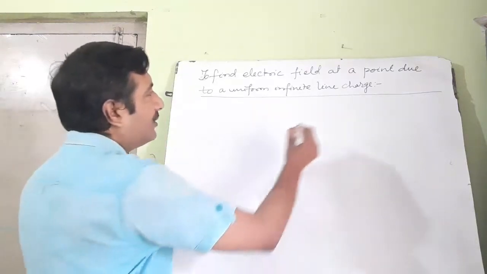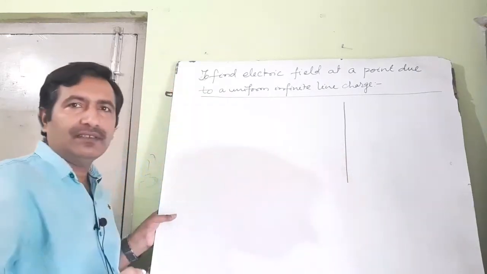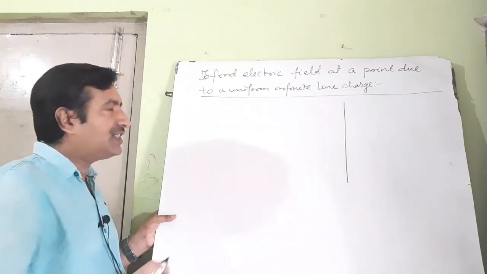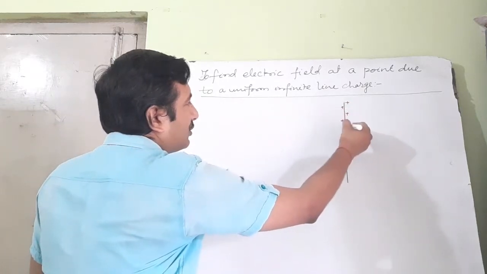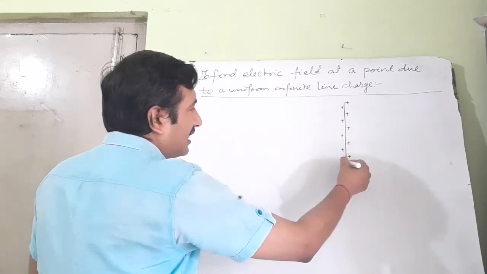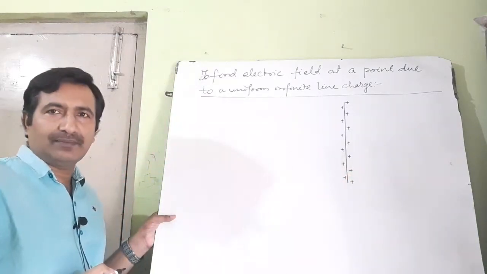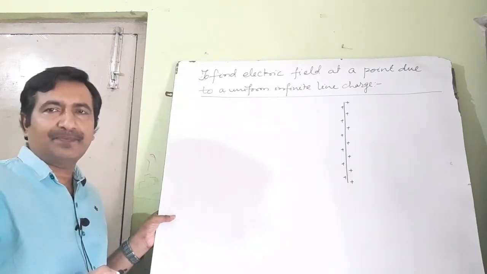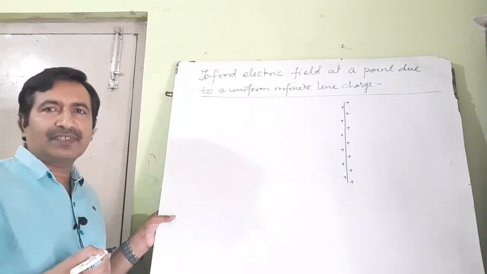Suppose you have a thin rod, a thin wire on which a charge is distributed uniformly along its length. You already know that such a distribution of charge is called linear charge distribution, and we take linear charge density as the standard for the study of such charge.